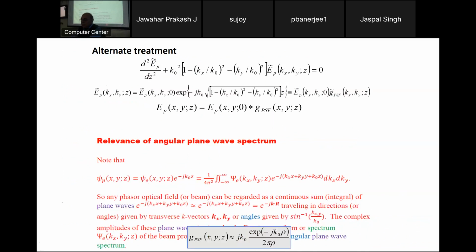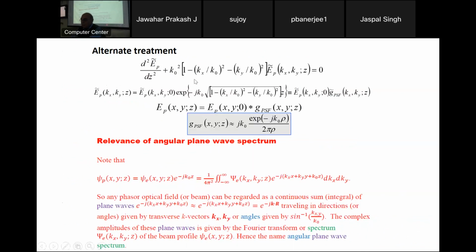We also said yesterday that if you start from the Helmholtz equation, you can get the so-called non-paraxial transfer function, which is here. The non-paraxial transfer function reduces to the paraxial transfer function if you just take a binomial expansion of this. That means if kx, ky is much less than k0, which means that the angles at which the plane waves are propagating are small. That's really what it means.